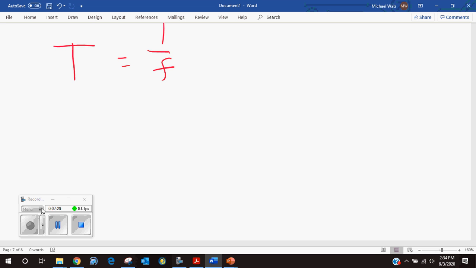Okay, so frequency is measured in hertz, and 1 hertz is 1 cycle per second. So if you say something is 1 hertz, that means whatever's happening happens fully in 1 second. If you had something at 2 hertz, then that means that you'd have 2 cycles per second.